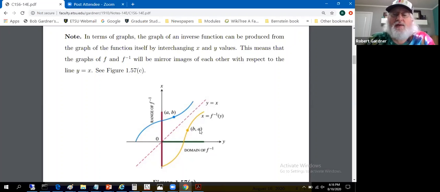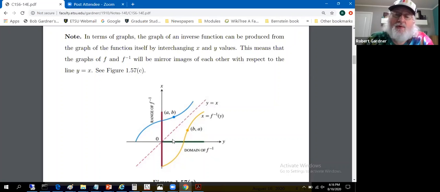Imagine taking the blue function, drawing this on a piece of paper, folding it over about the line y equals x, the 45-degree line, pi over 4 radians, through the origin. If we were to fold this over about this dotted line, this positive x-axis would fold over and lie on top of the positive, they've interchanged the letters here, this axis would fold over and lie on top of that axis.